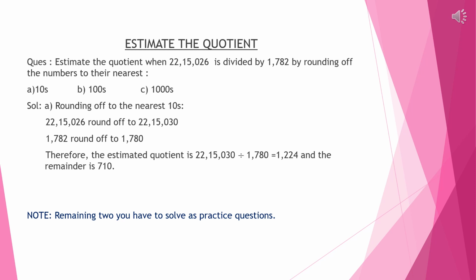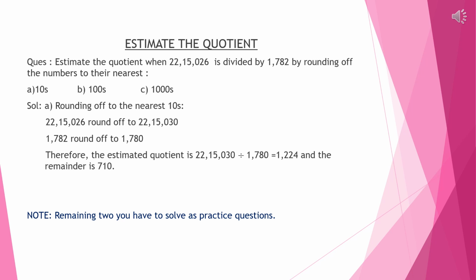Estimate the quotient. Let's understand this with the help of this question. Estimate the quotient when 22,15,026 is divided by 1,782 by rounding off the numbers to the nearest 10, 100 and 1000.